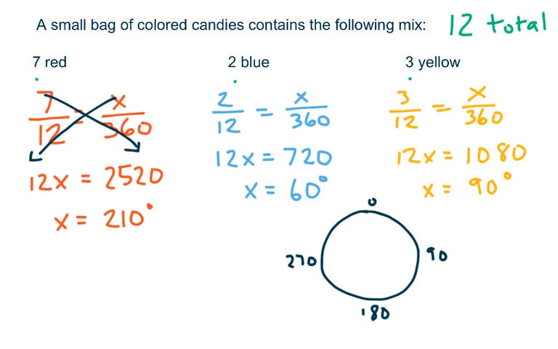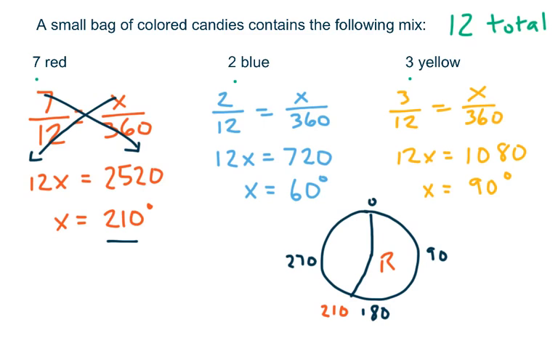When I go to draw my lines, it doesn't really matter which color I start with, but I'm going to go ahead and just do these left to right and start out with the red. 210 degrees. And so let's see, I need a line that goes to the center, and then I need to go a little past 180 over there to where 210 degrees would be. And so this is the red part of my pie chart.